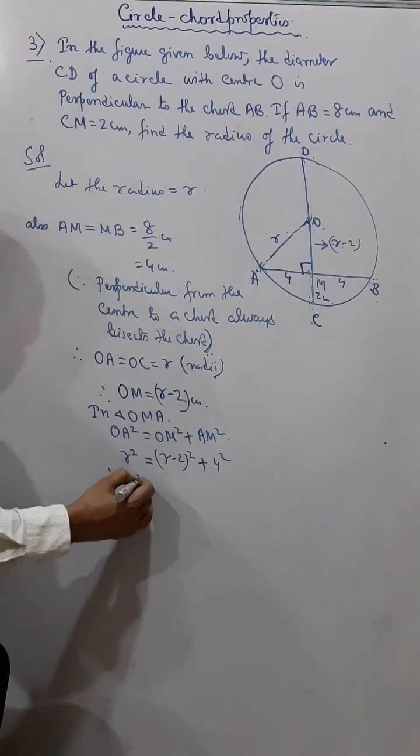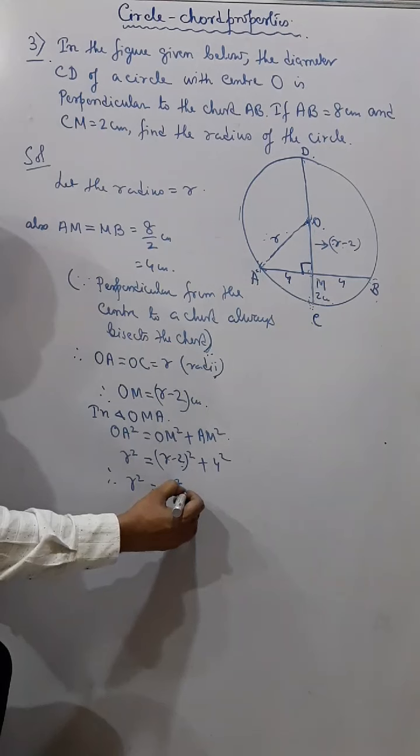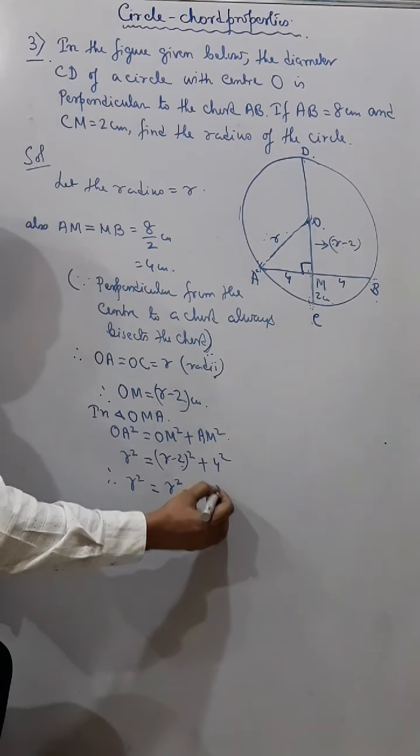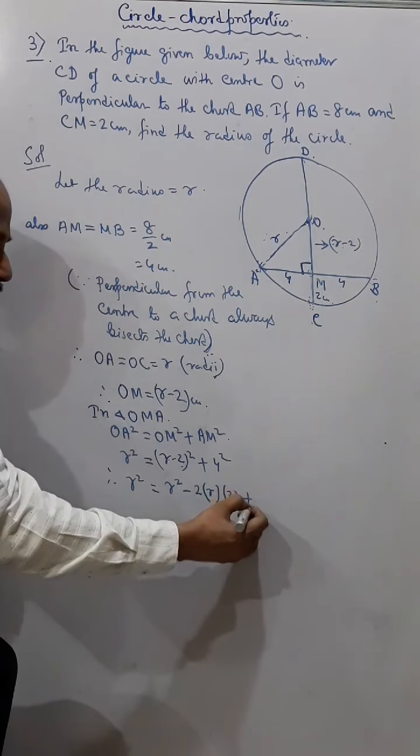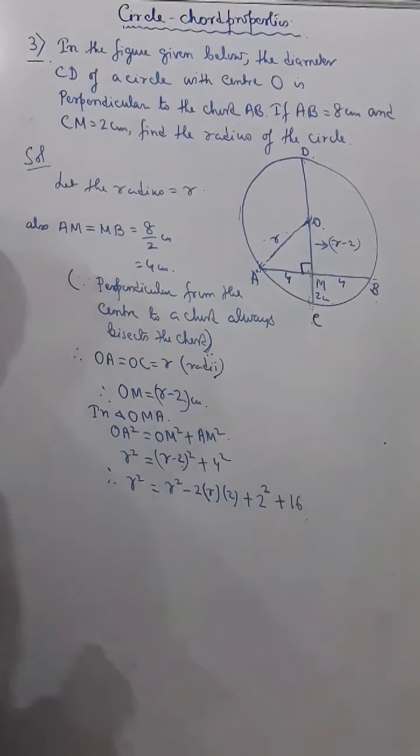So we got R square. Now we can use the A minus B whole square formula, that is A square minus 2 into A into B plus B square, and plus 16 here.